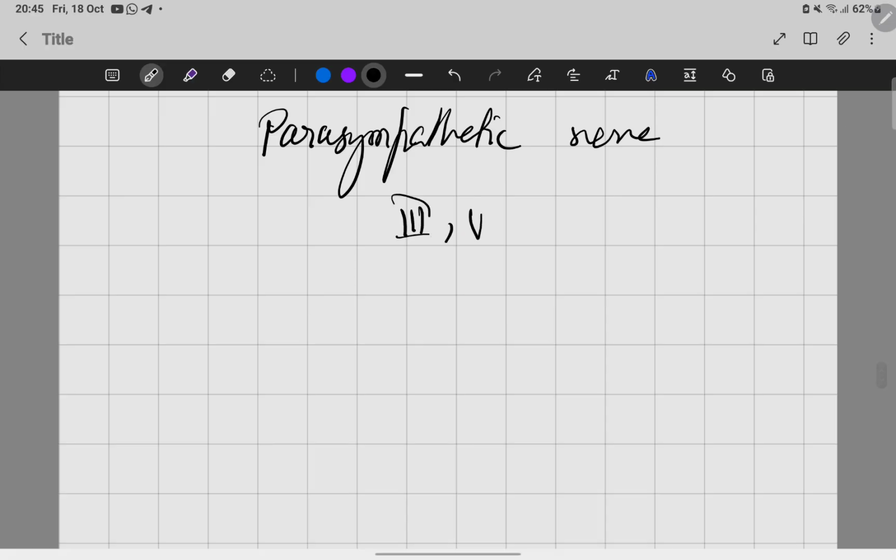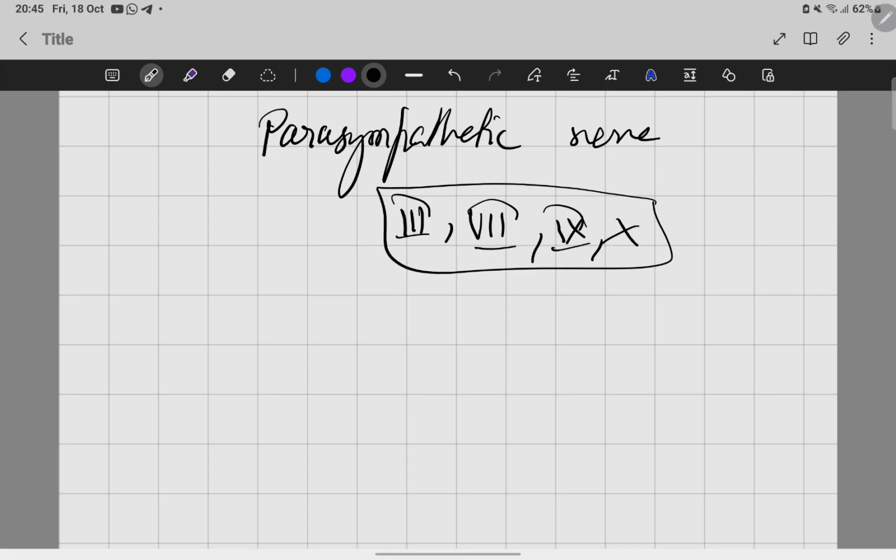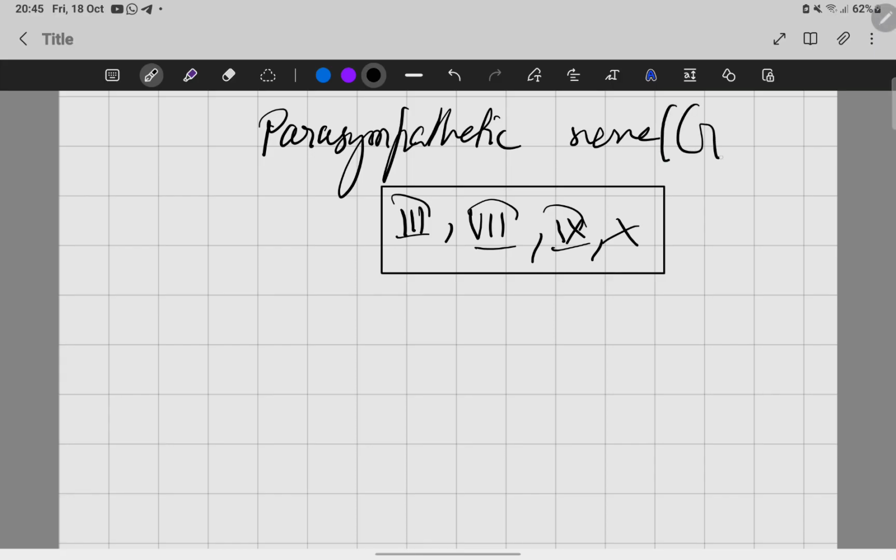Parasympathetic is the general visceral efferent column. Always remember, general visceral efferent is parasympathetic, and thoracolumbar outflow is sympathetic outflow.